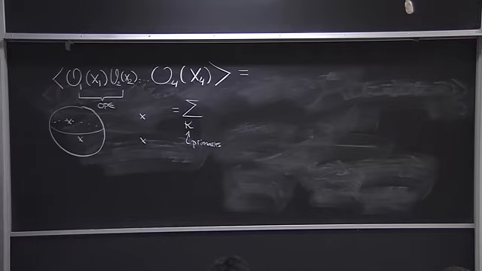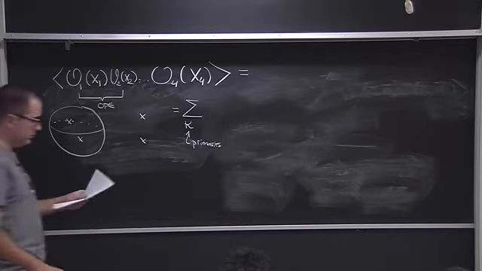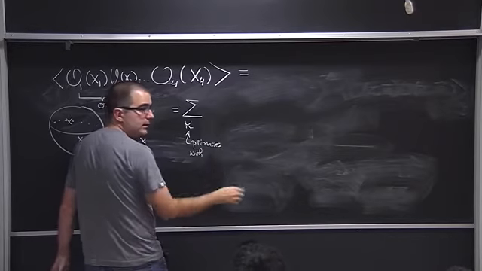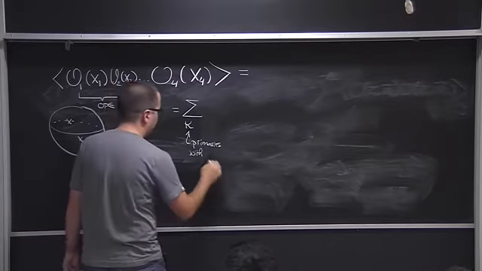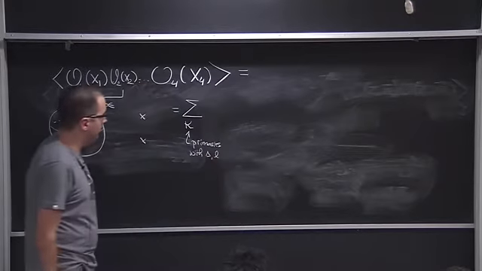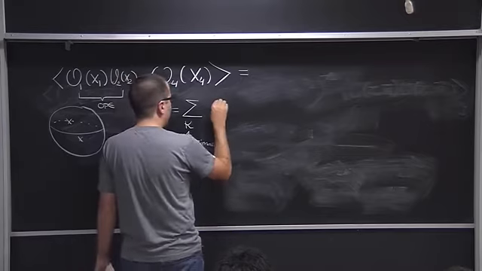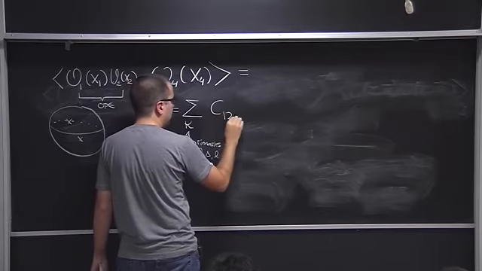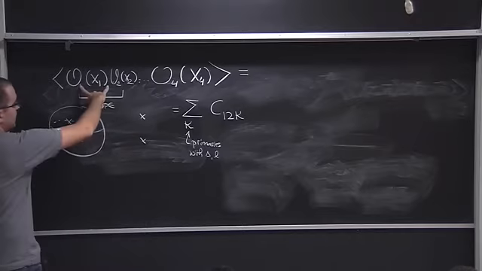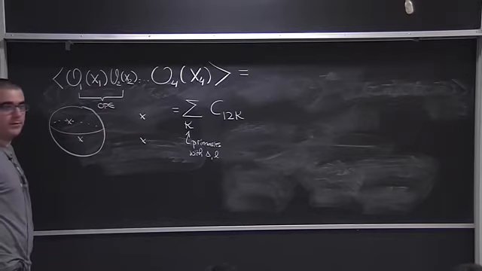Let's put the spin here, with some dimension delta and some spin L. And then let me write the following equation. Let me take out C_12k. It's obvious why I want to take this out, because I get it from the product of these two. You agree?